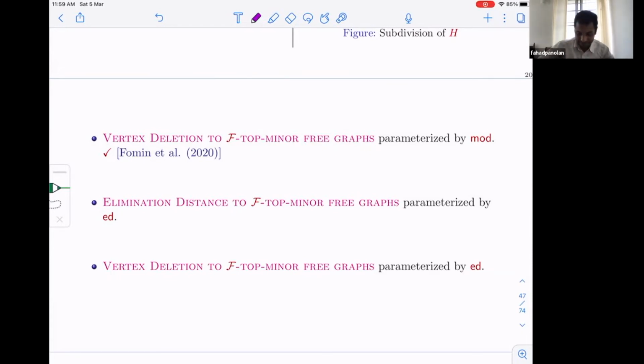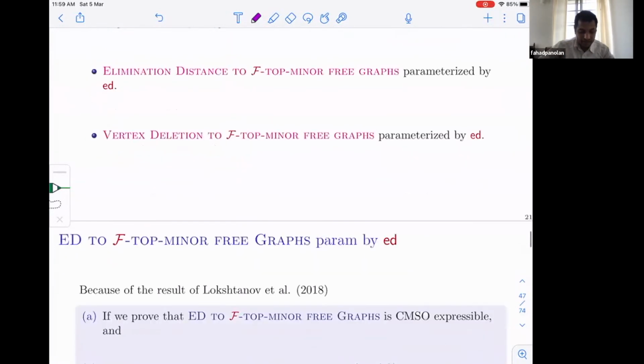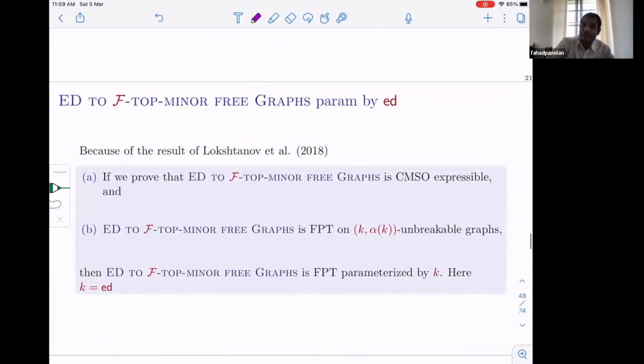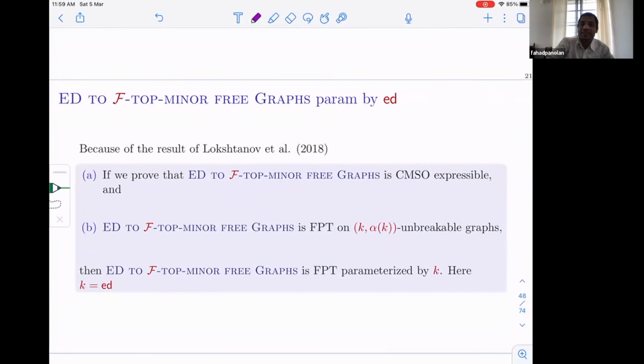Now again, the pattern is the same as what we did for F-free graphs: apply the option of it all. We want to prove that our problem is CMSO expressible, and that there is an algorithm for the problem on k-alpha-k unbreakable graphs for all k, where k is the elimination distance.